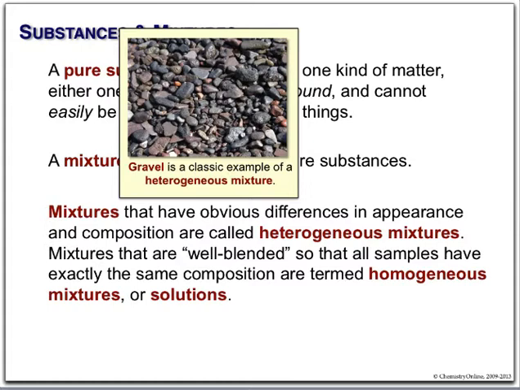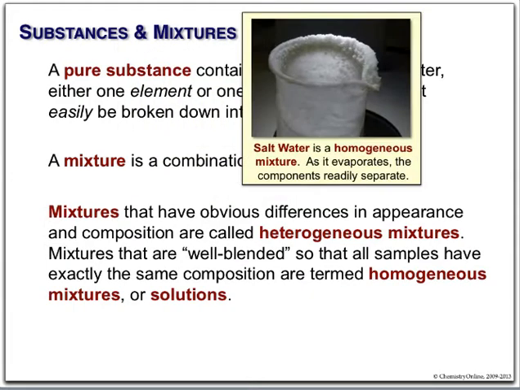A homogeneous mixture, on the other hand, when we take a sample, we always get exactly the same composition. An example of that is a solution, and we can separate the components of a solution simply by physical means. If we start off with salt water and it evaporates, we're left with salt and water.